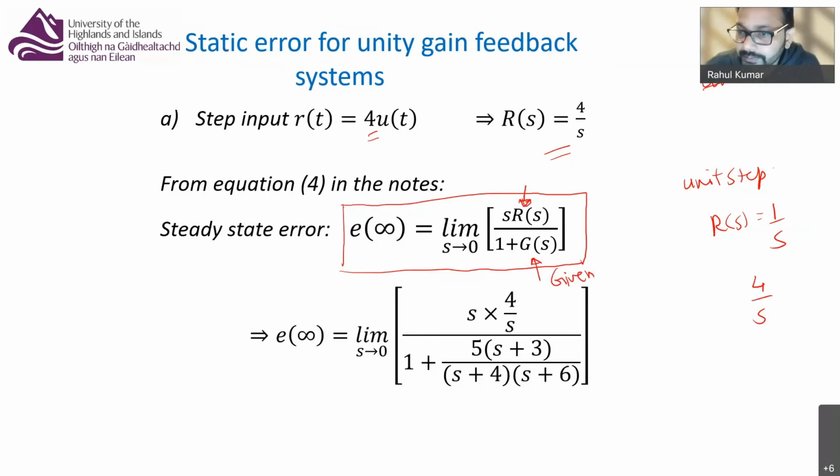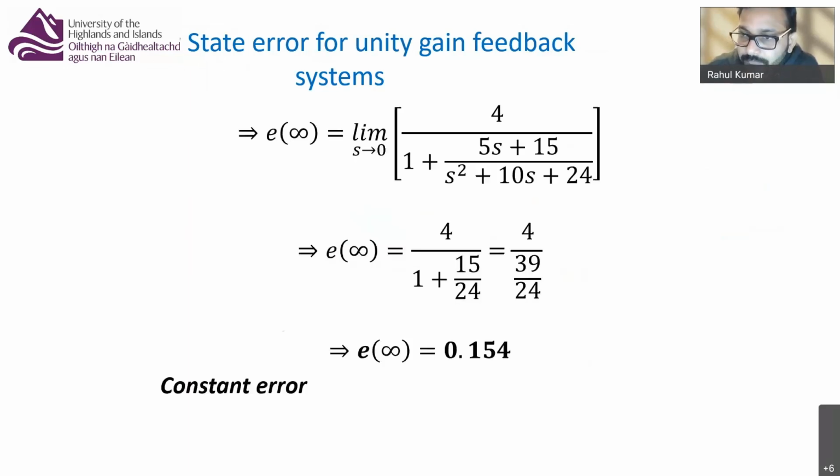So I just substitute those values here, G of S and R of S. Try to reduce it, and after reducing, I have applied the limits here. If you put S equals to 0, this term will become 0, this will become 0, this will become 0.